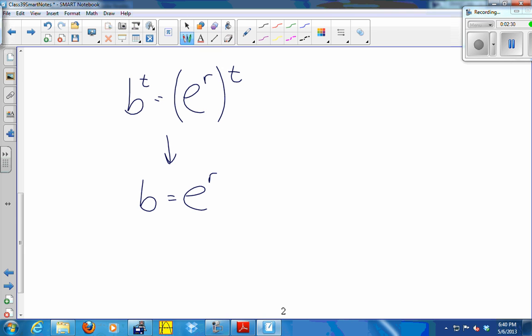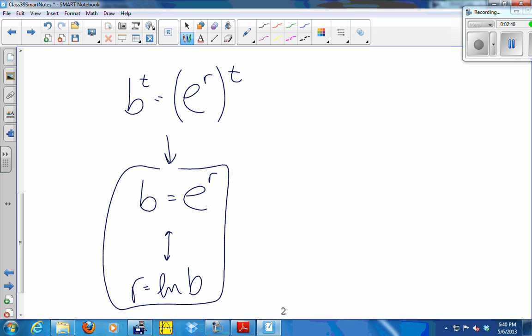And if I know b, I would take the ln of both sides, right? And I would get that r is the ln of b, because the ln of e to the r is r, and that equals the ln of b. So these are my two ways of converting. r and b are intrinsically related. b is a growth factor, r is a growth rate.